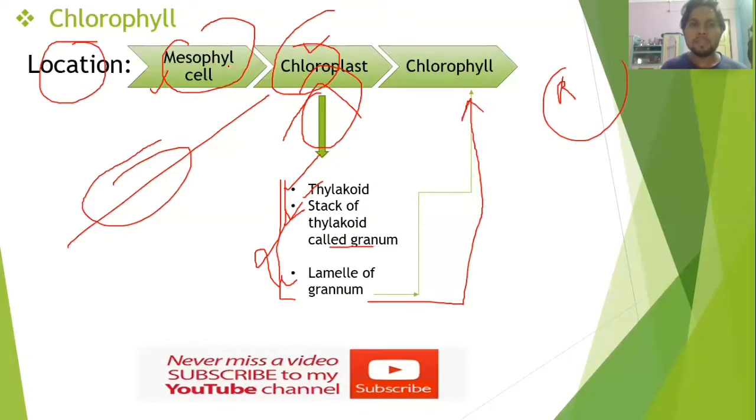So mesophyll cell is present in the leaf, and in the mesophyll cell you have chloroplast. In the chloroplast you have thylakoid, stack of thylakoid called granum, and in the granum you have lamellae of granum. There your chlorophyll is located.